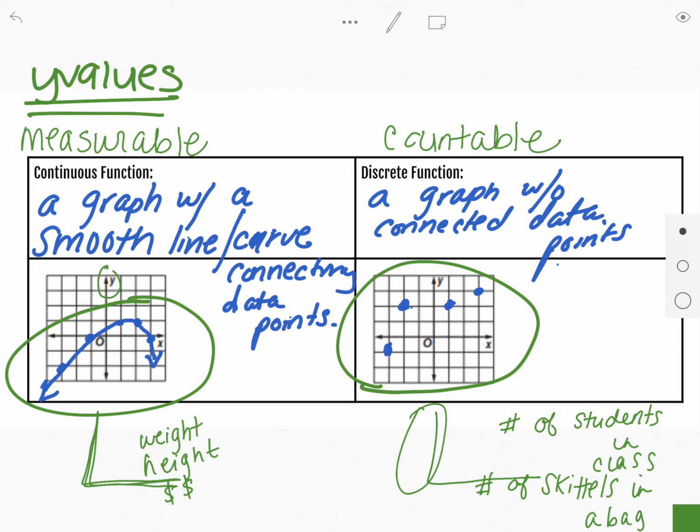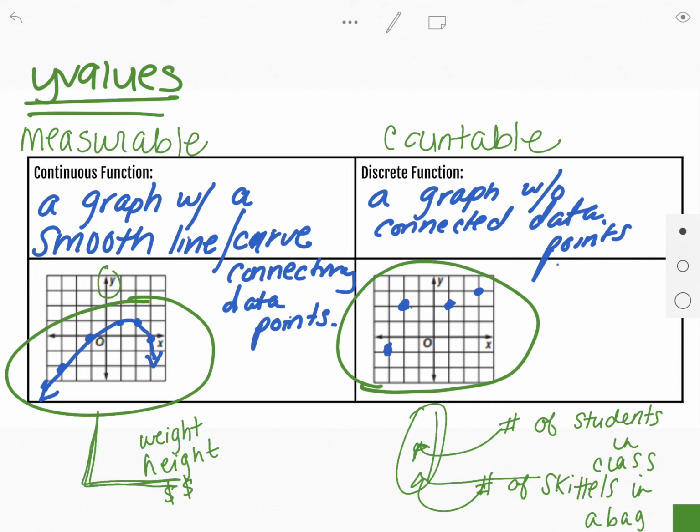In both of these situations, it doesn't make sense to have a number that's in between two whole numbers. For example, if we're counting the number of students in a class, you're not going to have 25.5 students. You don't usually have half of a student. If you're counting the number of Skittles in a bag of Skittles, usually they don't sell you 3/4 of a Skittle. There's 25 in a little bag of Skittles.